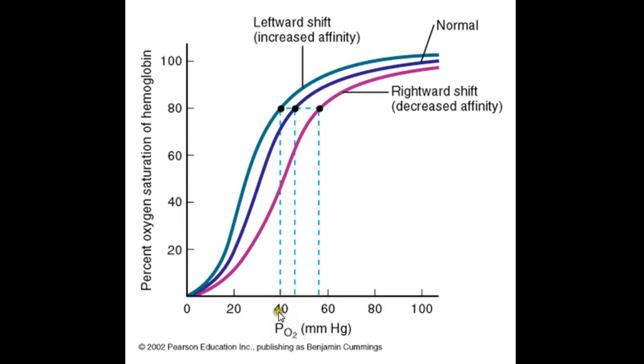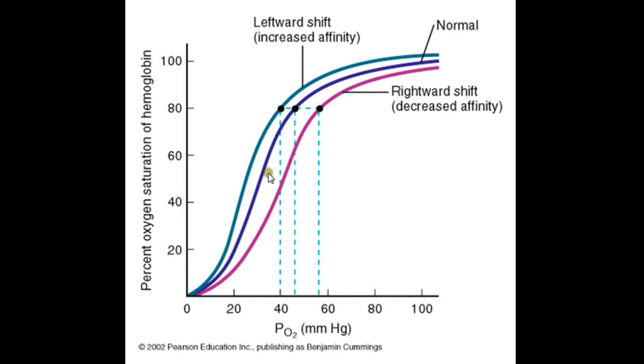increased affinity, here the partial pressure of oxygen is 40. So the hemoglobin saturation comes to about 80 at 40 pressure because of the increased affinity. But when the affinity is decreased, you need more pressure to get the 80% saturation.